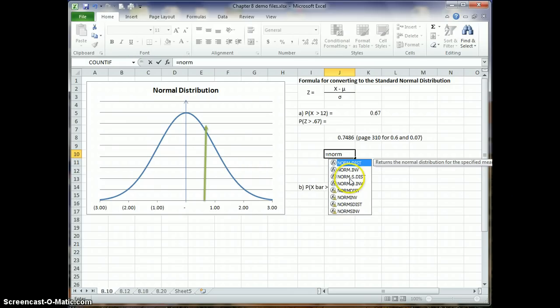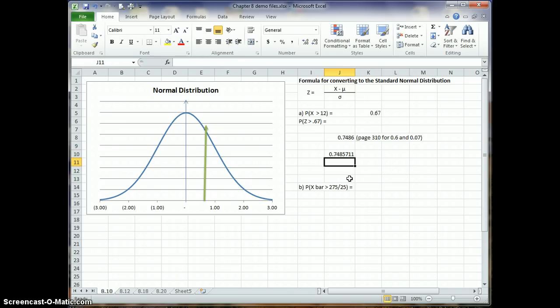So again, when I do this calculation, equals NORM.S.DIST, and it's going to be the z-score, which is 0.67, and we're going to put in a comma there, and true for the cumulative, hit enter, and again, if we back that down to the same number of decimals as the table, we get 0.7486.